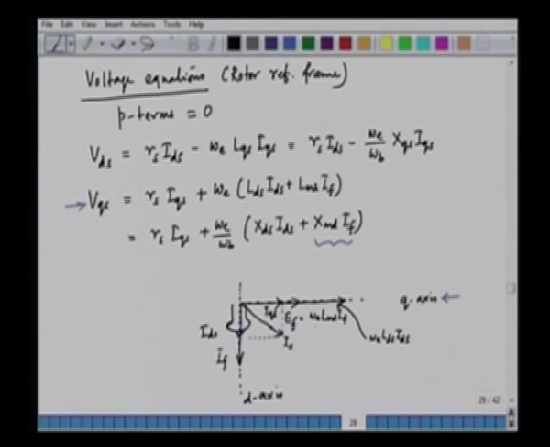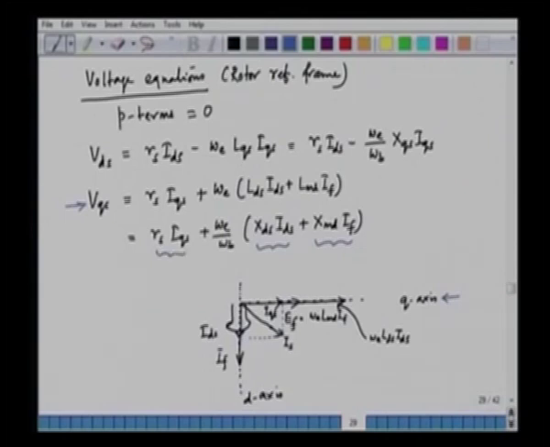And this omega e into LDS into IDS is basically the component of this current along the d axis, that is IDS. Apart from the resistance part, we have already accounted for this part and this part. This resistance part we can add little later.